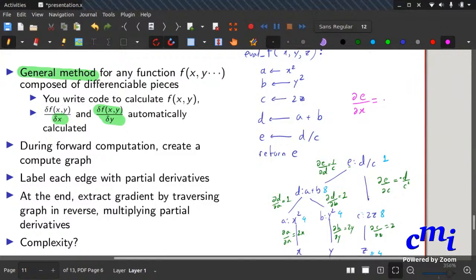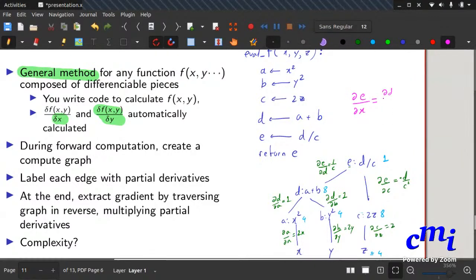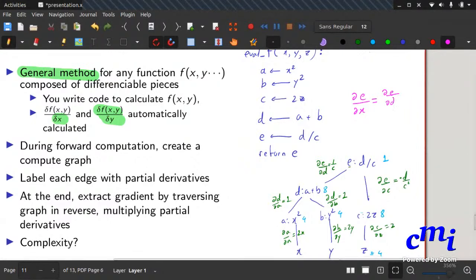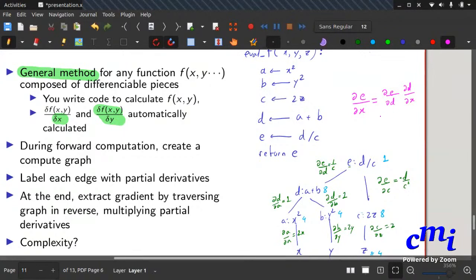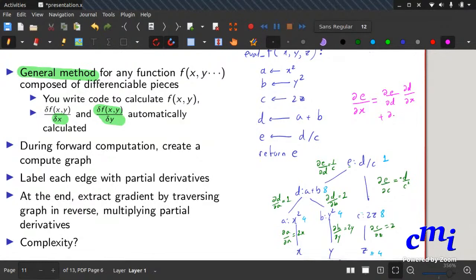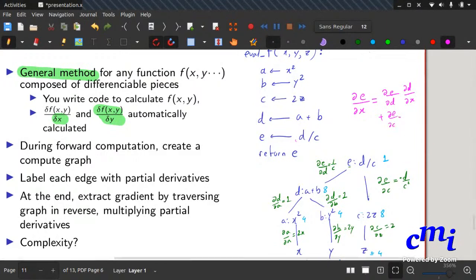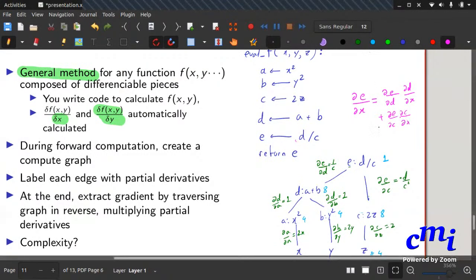So you can look at delta e delta x as delta e delta d times delta d delta x, plus delta e delta c times delta c delta x. This is just chain rule, right? Correct?